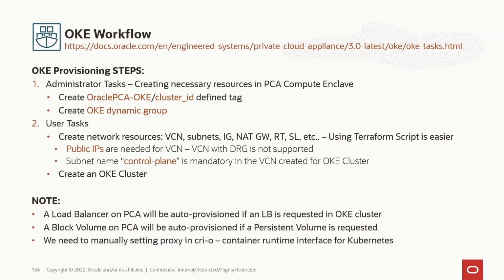We need to ensure the subnet name includes control plane, as it is mandatory, because OKE will provision all Kubernetes control nodes in this subnet. Next, I will demonstrate the steps to create an OKE cluster.